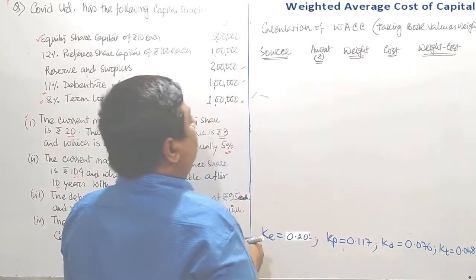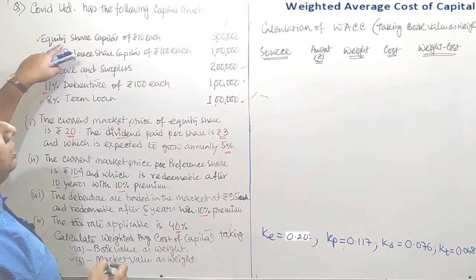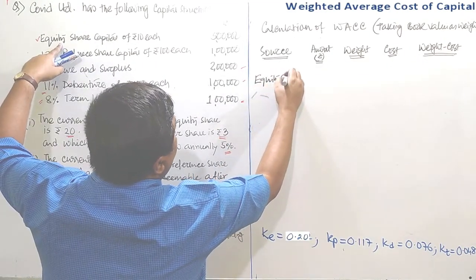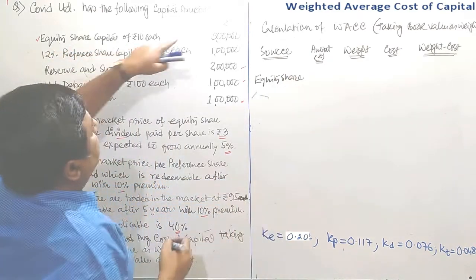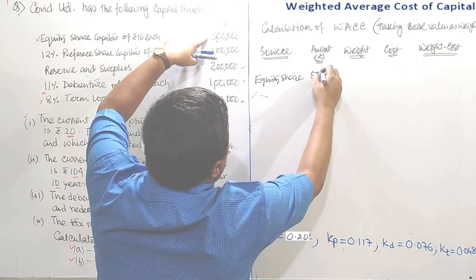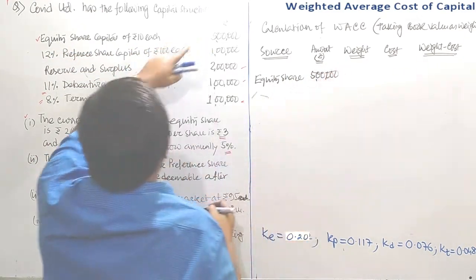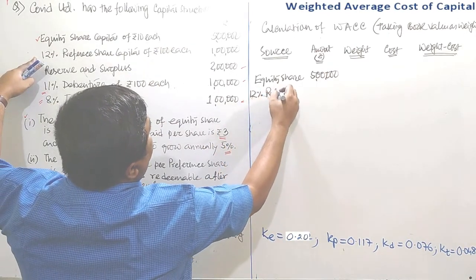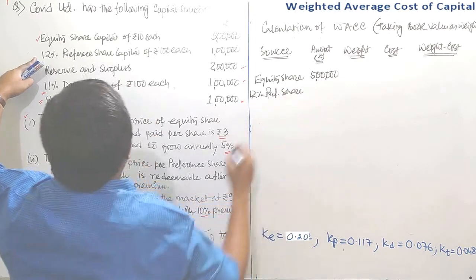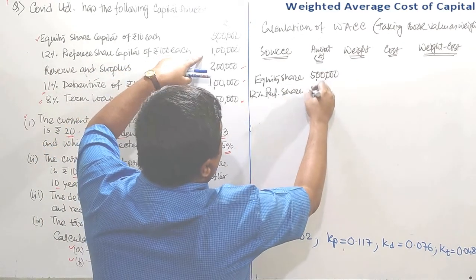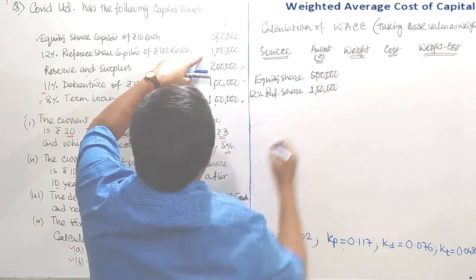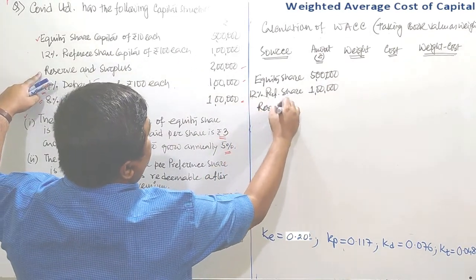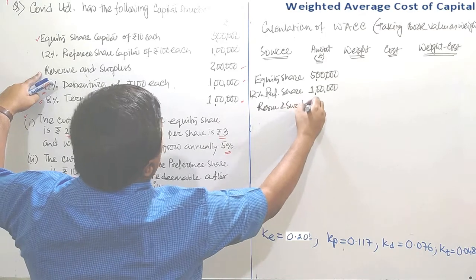Well, now source. First is equity share capital. What is the capital amount? That is 5 lakhs rupees. Next is 12% preference share capital. What is the amount? 1 lakh rupees. Next is reserve and surplus.